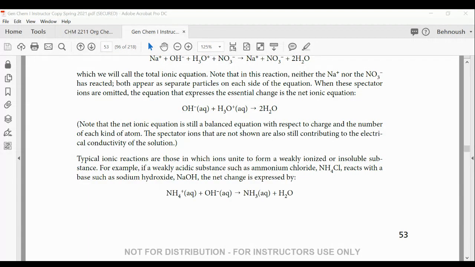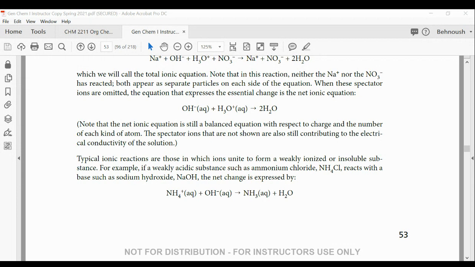Jose, can you give me an example of a strong base? And Ria, can I get an example of a strong base? Lillian?